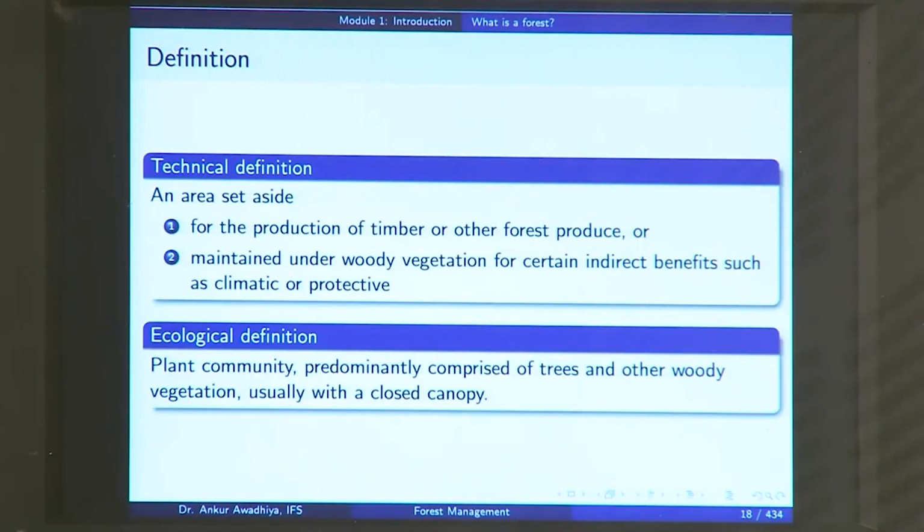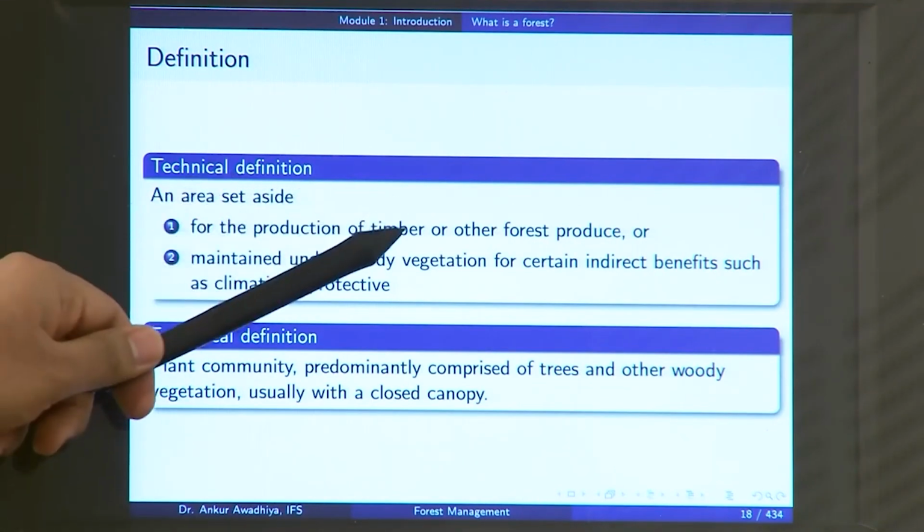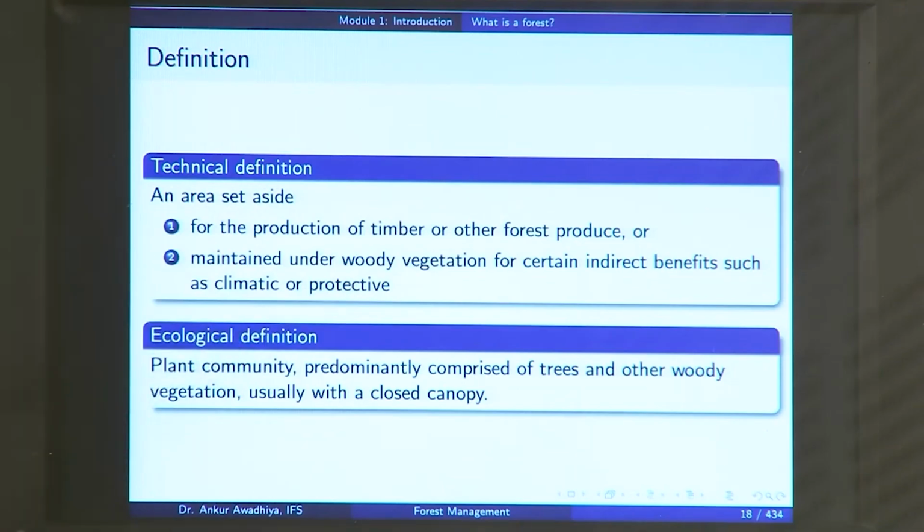This definition does not emphasize where the forest is, but the use of a forest. It may be set aside even within a city limit.